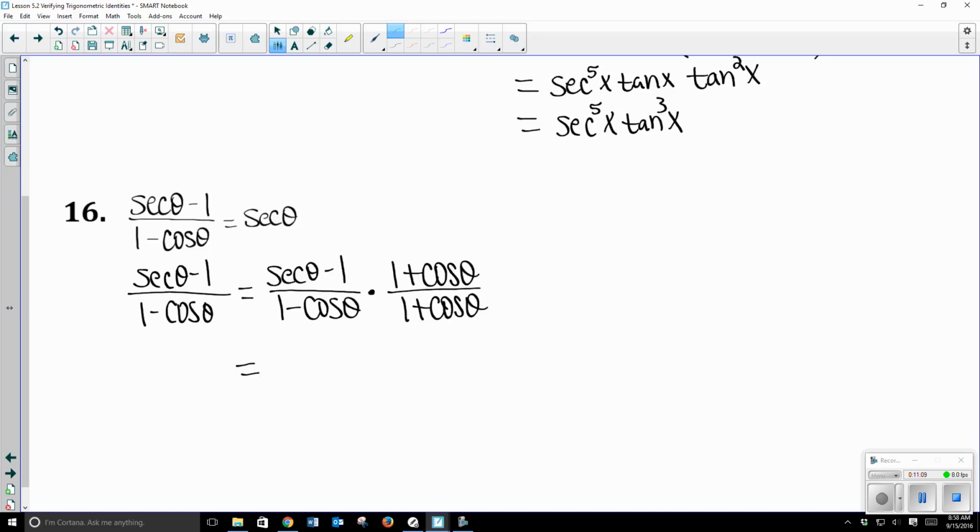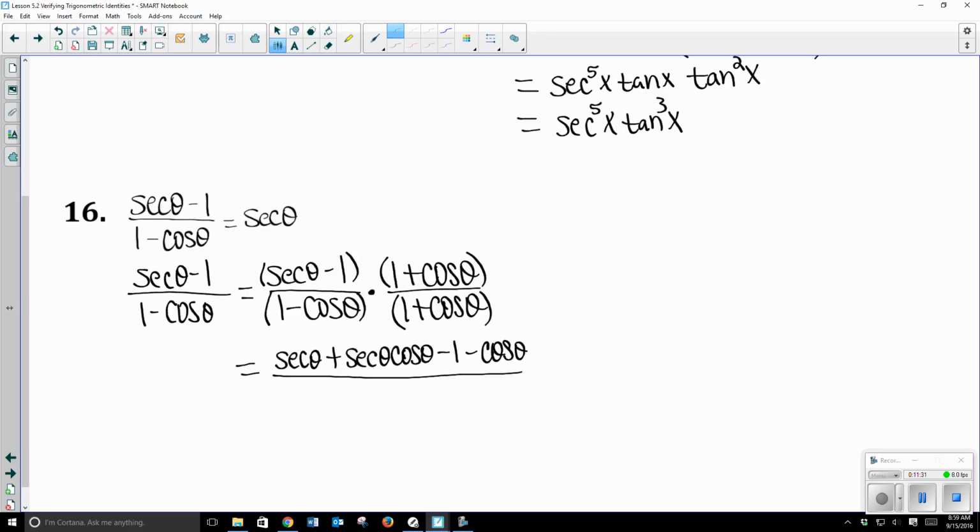So first outer inner last for your numerator, that will be secant theta plus secant theta times cosine theta minus 1 minus cosine theta. That's first outer inner last. If it helps, you can put this in parentheses and multiply so that you understand that's you either using the FOIL method or you can call it distributing.